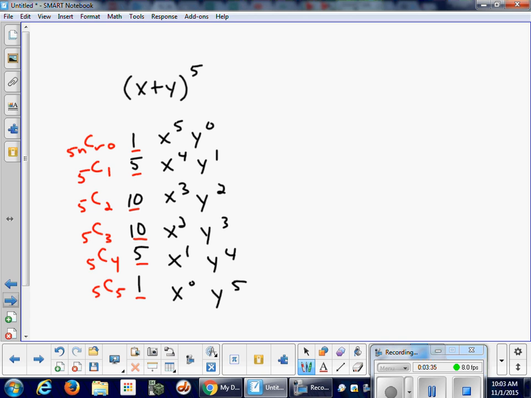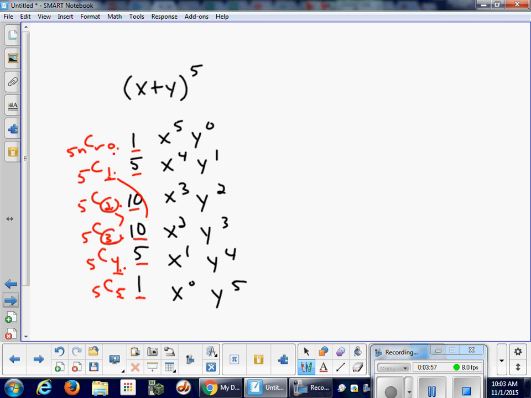Some things to note. These are symmetric. 1 and 1, 5 and 5, 10 and 10. So that's going to be important to note. How can I tell which ones are symmetric? Well, the first term and the fourth term are the same. The second term and the third term are the same. The 0th term and the 5th term are the same.